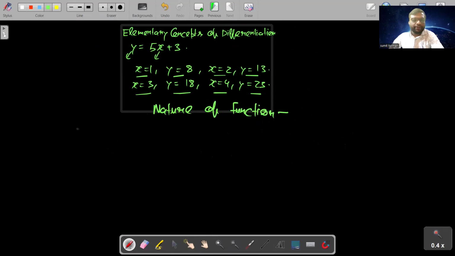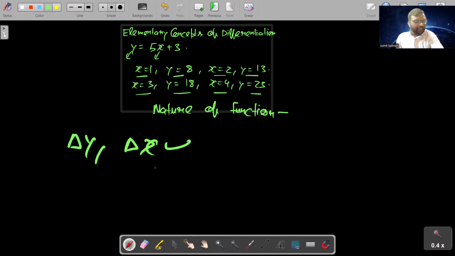The change in dependent variable, I will denote it by delta y. Delta y represents the change in dependent variable. The change in independent variable, I will denote it by delta x.